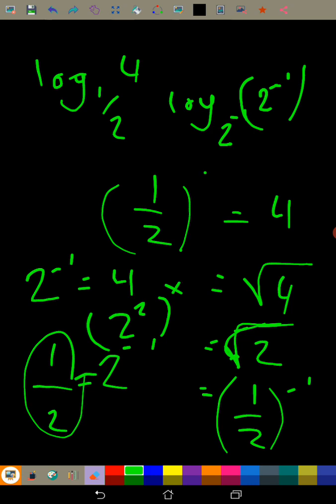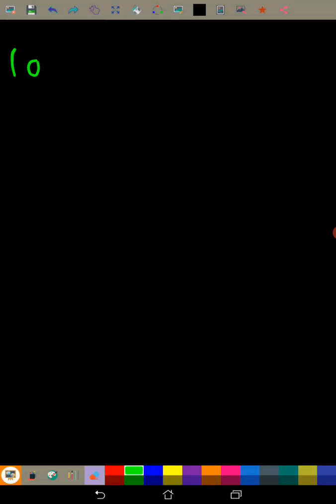So we need something like x here. Okay, let me rewrite it. Log to the base half of 4. So we need this expressed in terms of half.